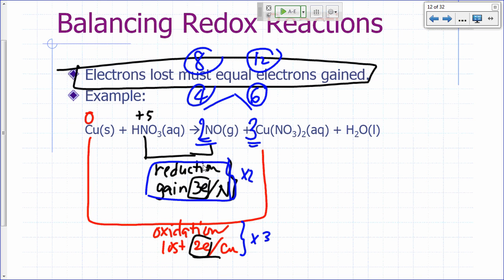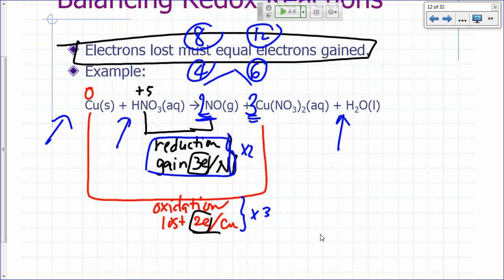But the important thing to realize is these other coefficients you can change, but this too must be on a 2:3 ratio. Or do you need me to go through this process just for illustration? Or can you do it on your own? Okay. All right, so that has to be a 2:3.